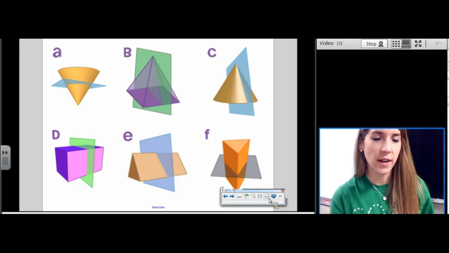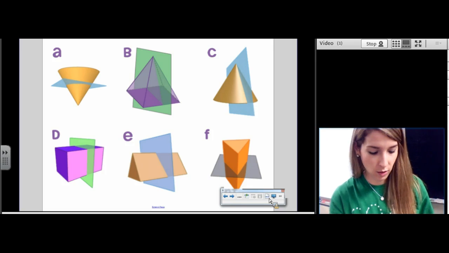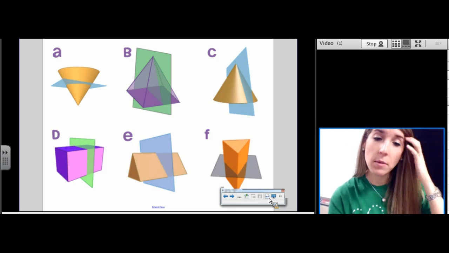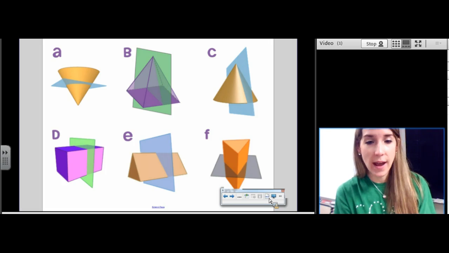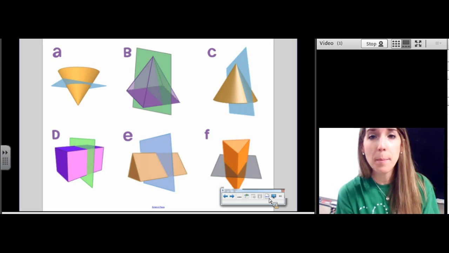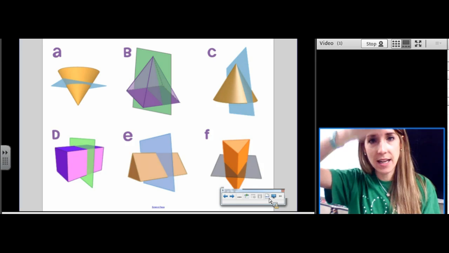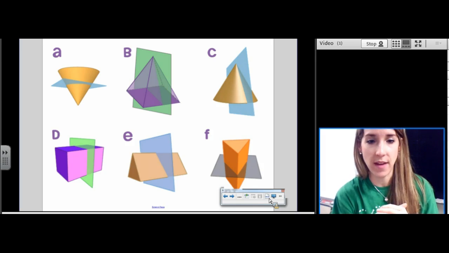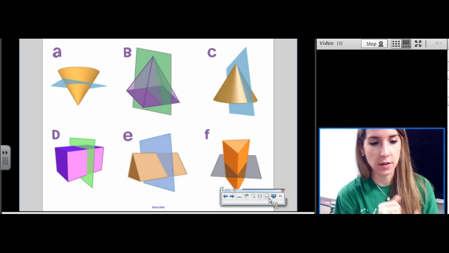A would be a circle, very good, because the base of a cone is a circle. Alexandria, what about B? Very good, B would be a triangle because that's a square or a rectangular pyramid, but we're slicing laterally, and so it's going to be equivalent to whatever the lateral face is. The lateral faces are triangles.